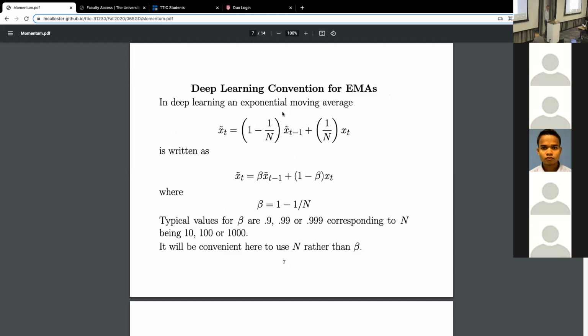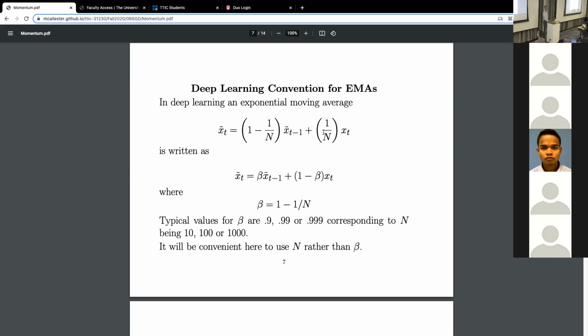Okay, now in previous years, there's been a little bit of confusion. In PyTorch, when an exponential moving average is used, it's almost always written this way. If you read Adam, or there are many places it arises, it's generally written this way. And here beta is a number very close to 1, and 1 minus beta is a number very close to 0.